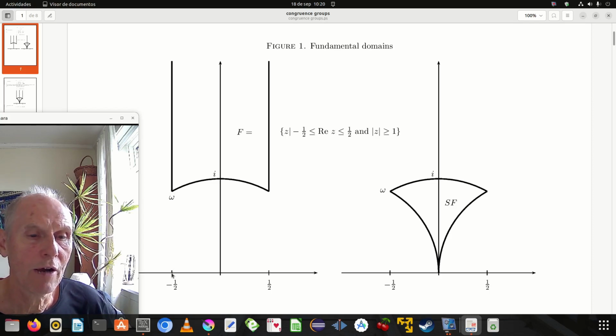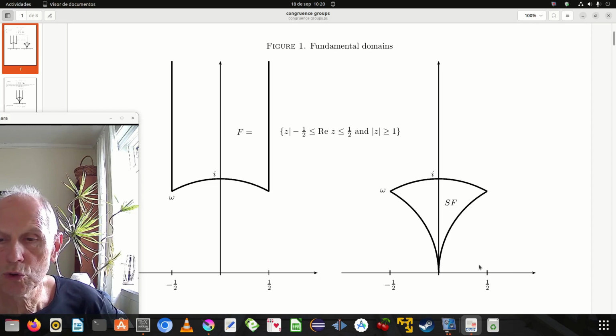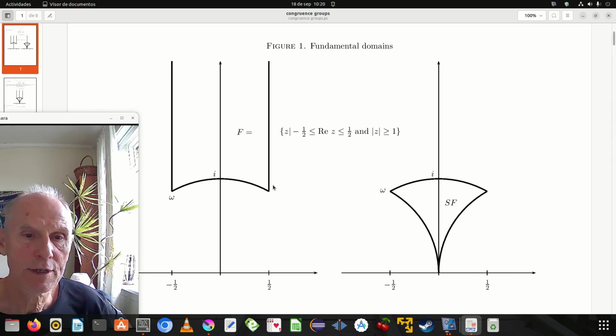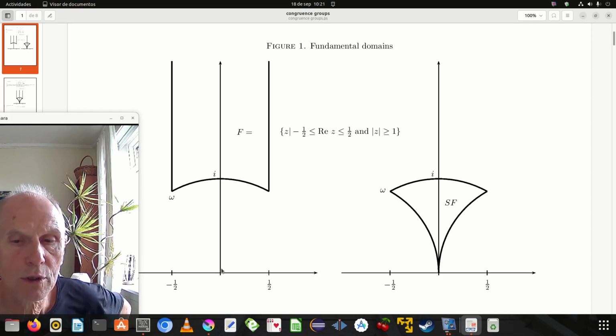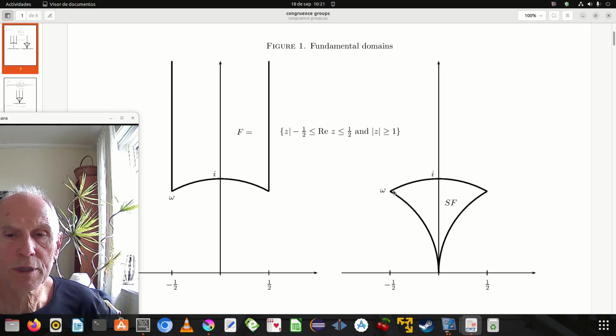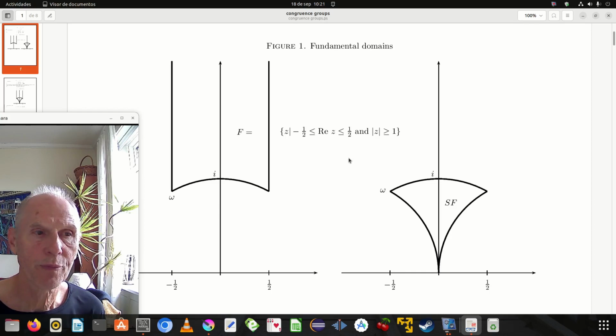And minus 1/2 maps to 2, so it's part of the unit circle. And this one will simultaneously map to this circle. And this circle, it's part of the unit circle with center at naught. So it maps simply changing the direction. So there we have it.